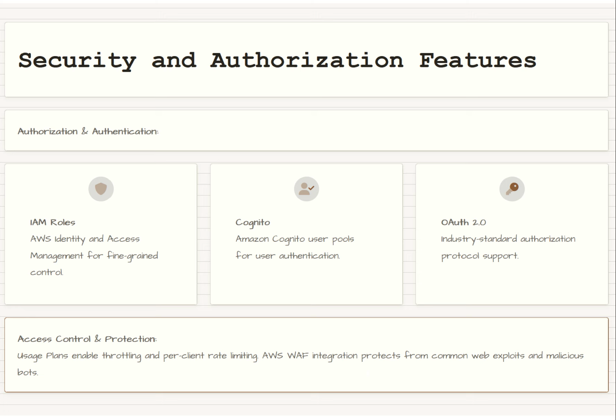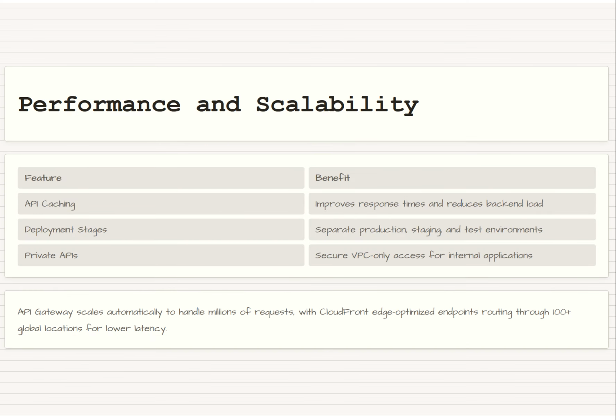Also access control and protection. Usage plans enable throttling and client rate limiting, and there is AWS WAF, the web application firewall, integration to protect from common web exploits and malicious bots. These things are all interconnected with API Gateway.